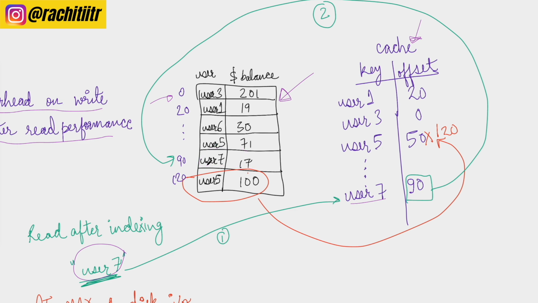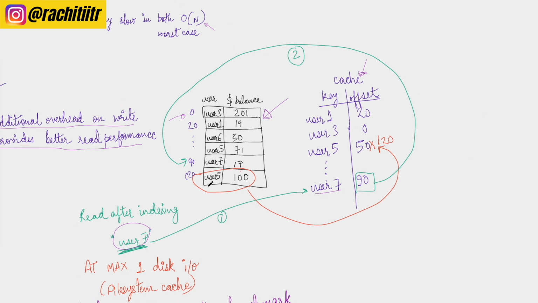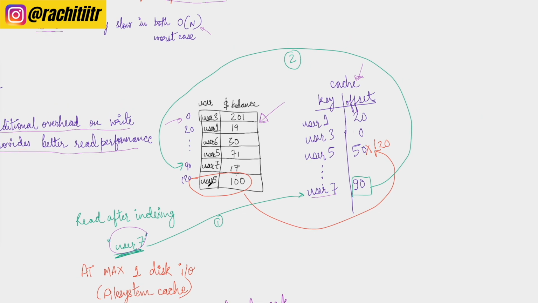Super fast, right? Again, at this point of time, it would be good if you also discuss what happens in a write scenario. In a write, if you want to write for user 5 and it was already an entry over here, let's say the byte offset over here was 50, I'm just assuming, and over here it was stored as user 550.